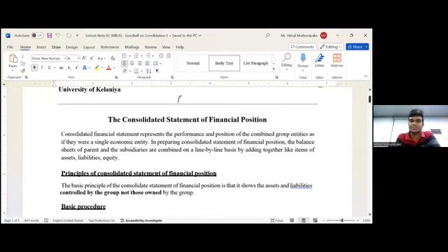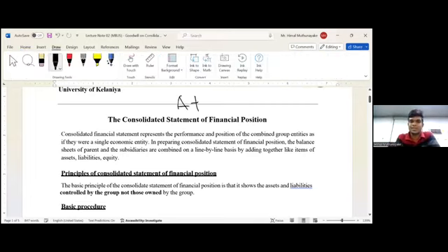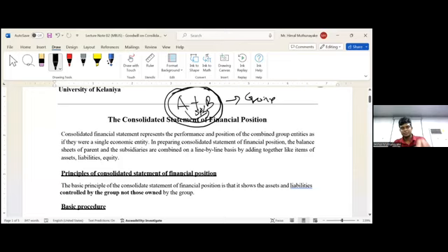I'm just reminding you, if you have companies A and B, and you hold more than 50% of company B, you need to prepare group financial statements, or consolidated financial statements. From this point onwards, we are learning how to prepare the group financial statements.